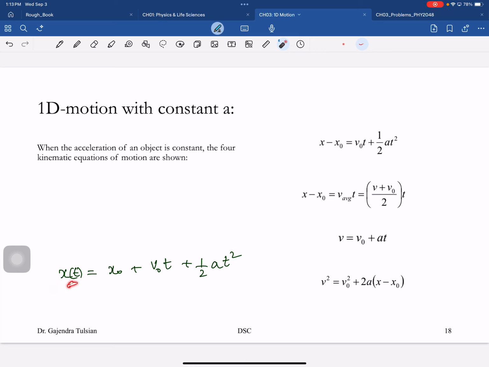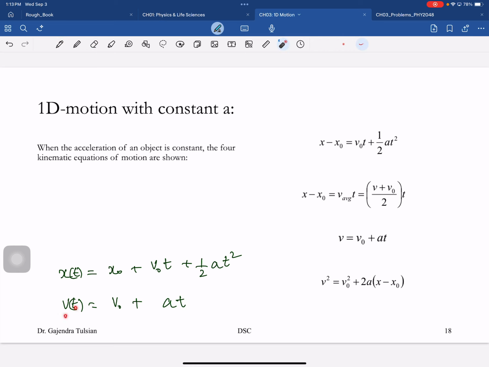What this notation tells you is, let's put t equal to 0. T equal to 0 will make this term 0, this term 0. That's where the object is at time t equal to 0, and that's what that subscript 0 is about. If you take the derivative of this, this will drop off, and v of t would be v naught plus a t.